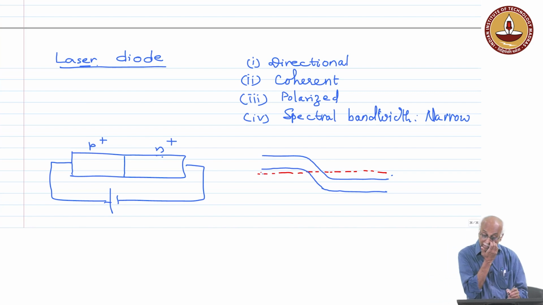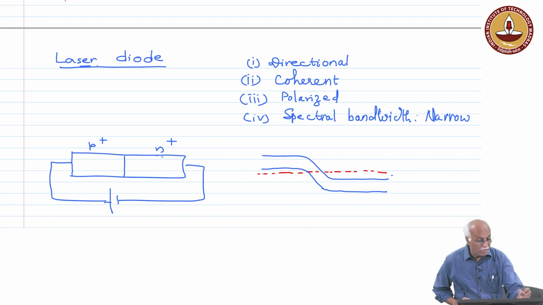So, Fermi levels are like this, they are submerged in this. So, this is P plus, this is N plus, and the energy band gaps are such that the Fermi levels are submerged. So, this is F, the Fermi level, submerged.